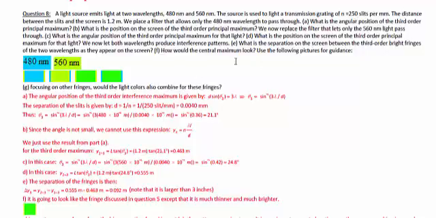Calculating it is easy. If we have 250 slits per millimeter, to find the separation of the slits, we just take the inverse of that number. d is 1 over n. So 1 over 250 slits per millimeter would give us d in millimeters.